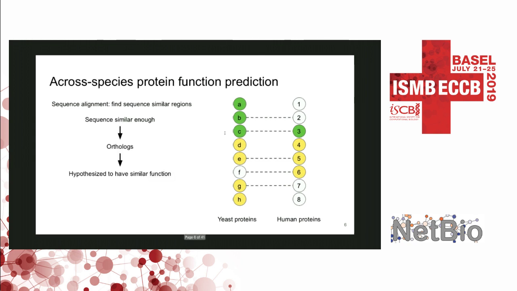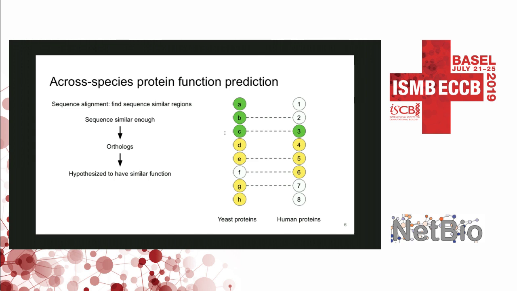And if we find those that are sequence similar enough, we may consider them to be orthologs and hypothesize that they have similar function. For example, if we compared all of these proteins together, let's suppose that we found B2, C3, E5, F6, G7 to be sequence similar. And then, for example, we could infer that protein 2 has the green function.